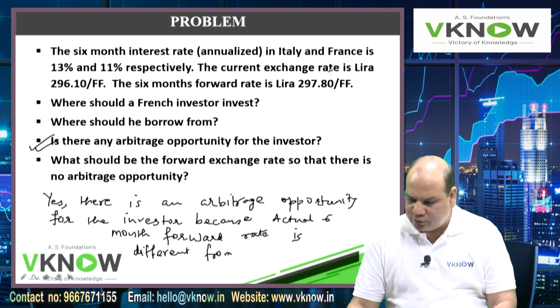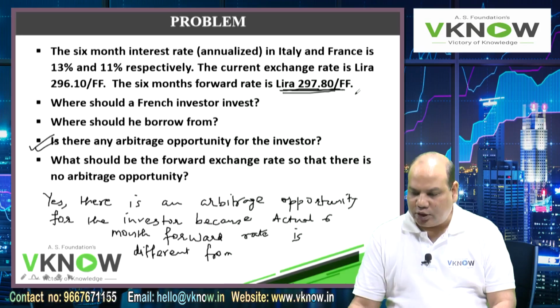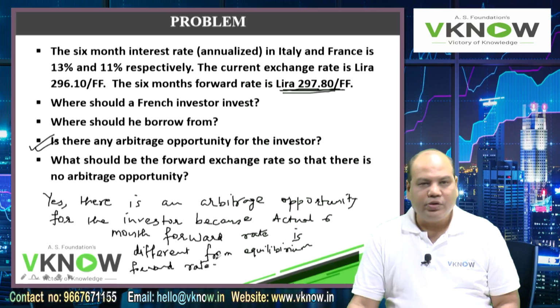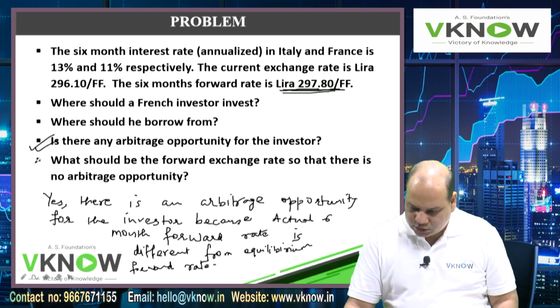Your actual 6-month forward rate is on the screen, top third line, and what you have calculated is different. You can check in the notebook. It is different from the equilibrium forward rate. So an arbitrage opportunity exists for the investor. Now we have answered this question.